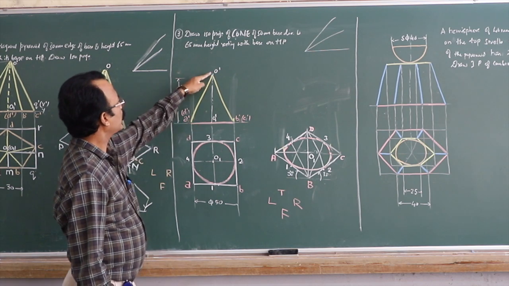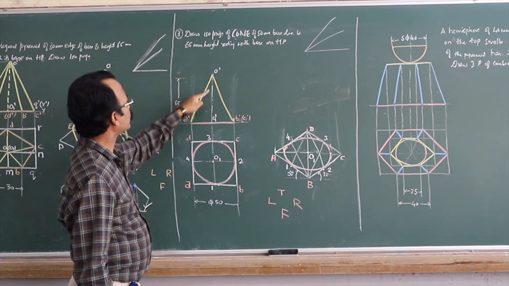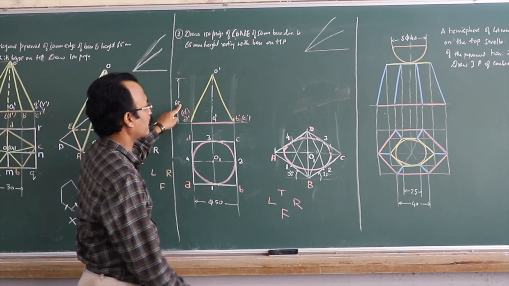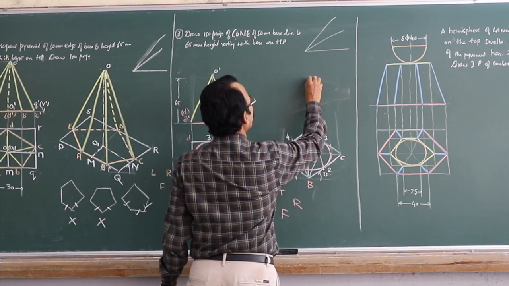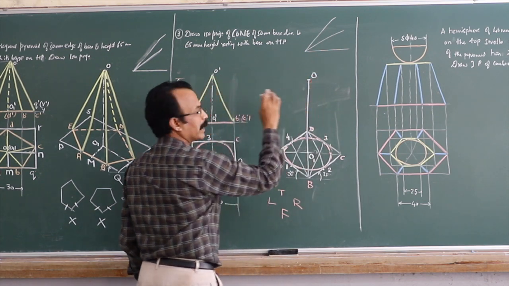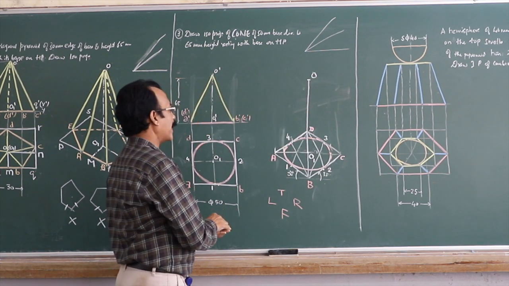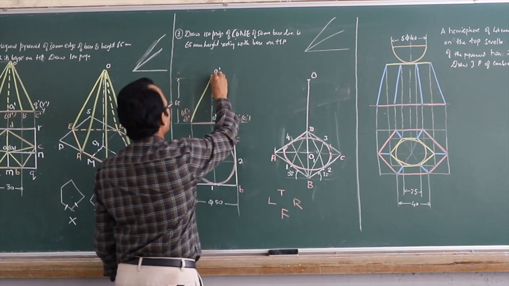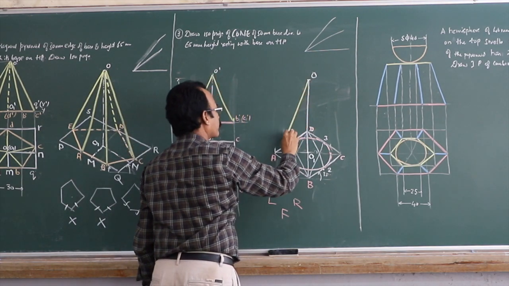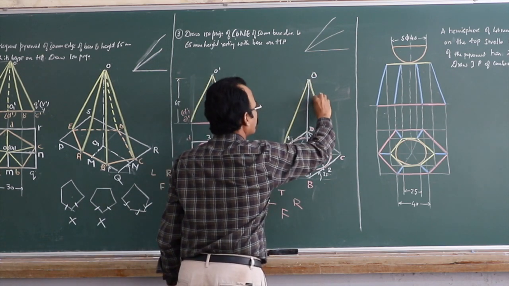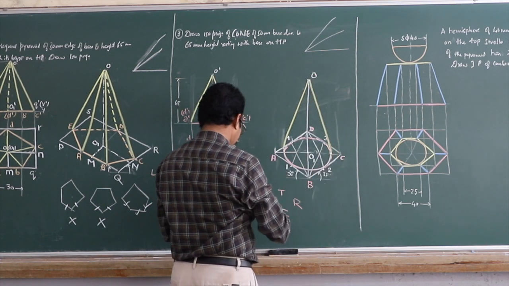Now you see, you must draw this vertical axis OO1, which is 65 mm in length. So from O1, draw a vertical ISO 65. Once you draw that, from O you draw these two tangents, like this and like this. Okay.